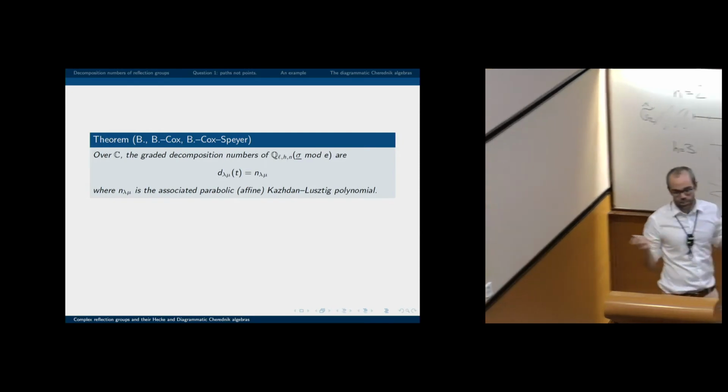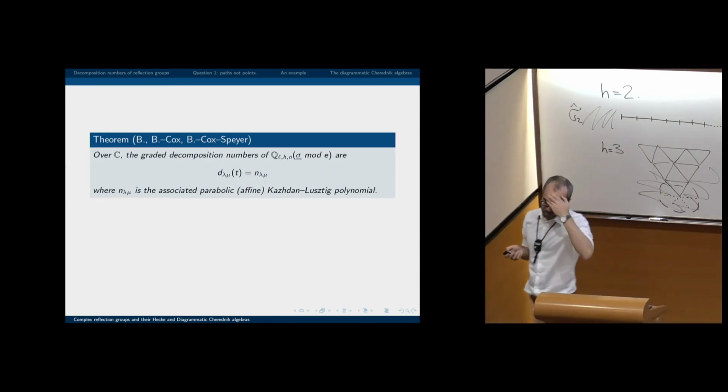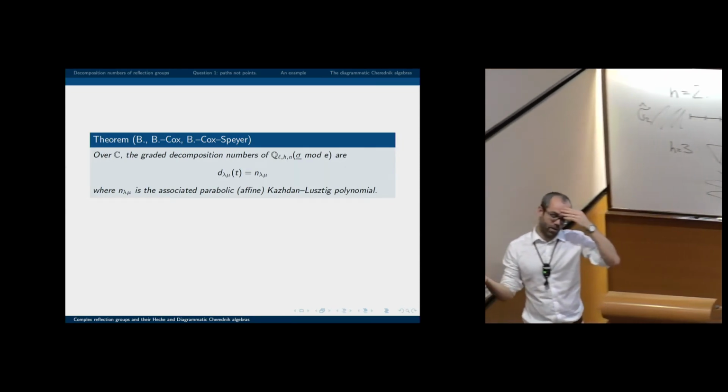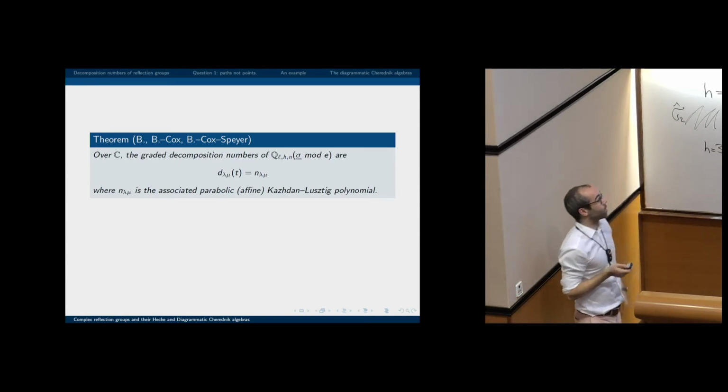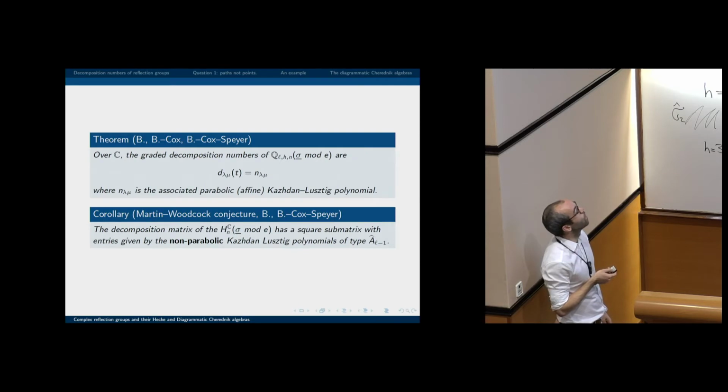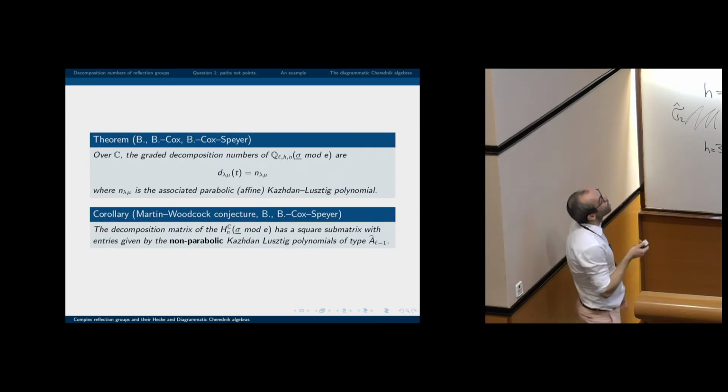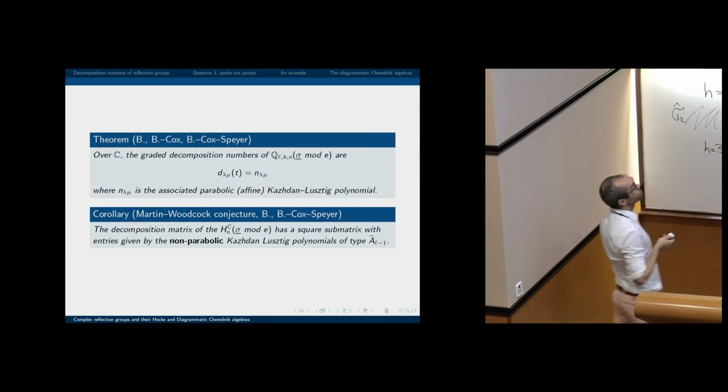But of course, this is actually implicit in the work of Rouquier, Shan-Varagnolo-Vasserot, Losev, and Webster, but in a slightly different language. And as a corollary, the decomposition matrix for these generalized blob algebras does have the associated Kazhdan-Lusztig polynomials. And this was the conjecture that Paul Martin and David Woodcock put forward.